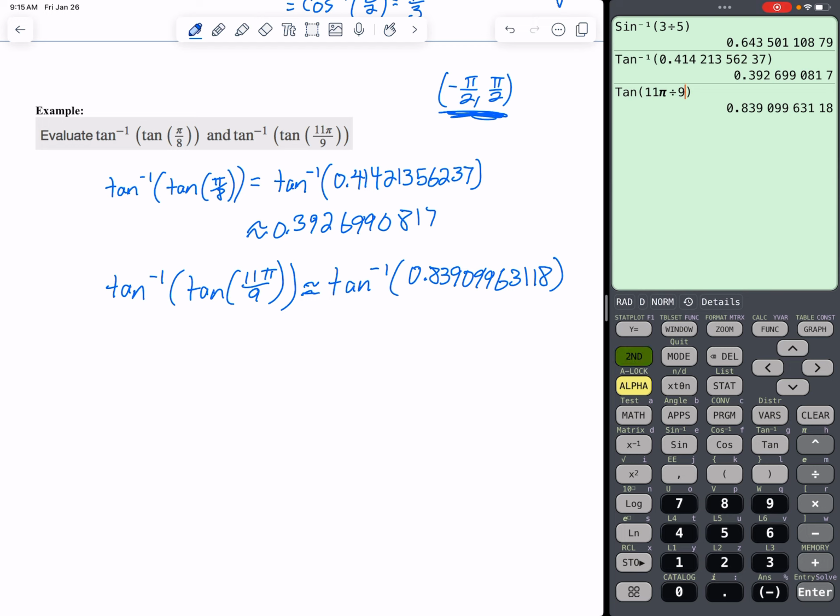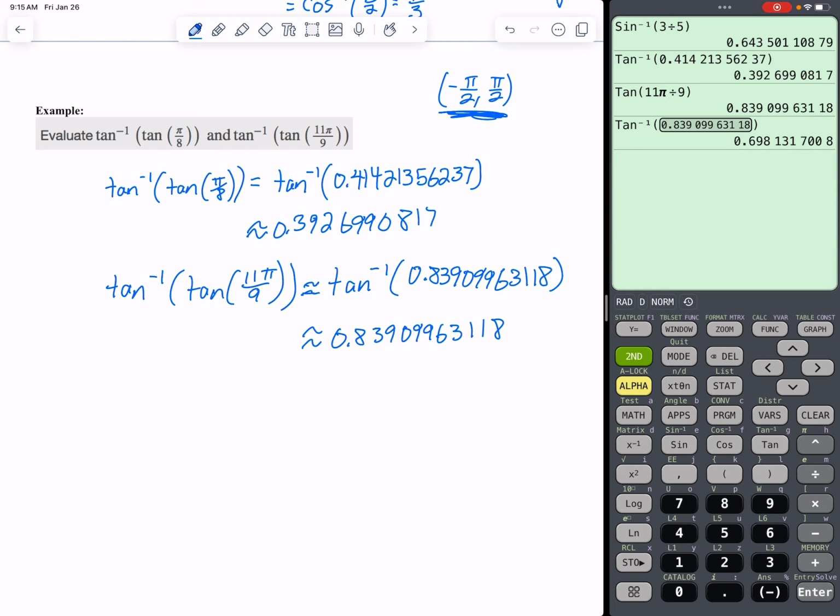Now I'm going to plug in inverse tan. Oops, this is what happened last time. Let me get to the next line. Enter. There we go. And then now I'm going to do inverse tan of that answer, and I got roughly 0.839099631118. We'll leave it there.